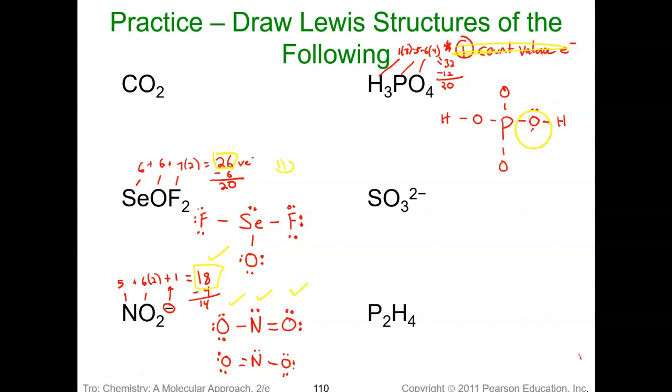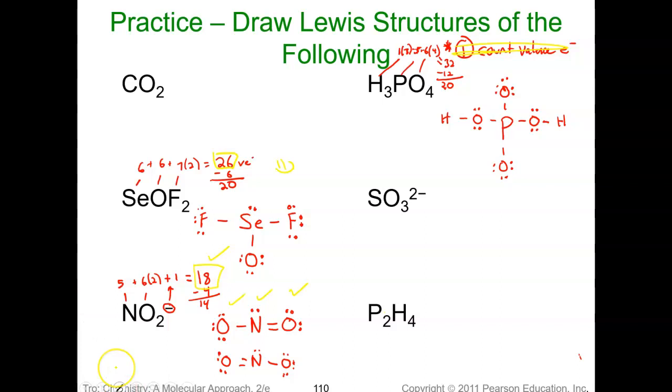So 2, 4, 6, 8, 10, 12, 14, 16, 18, 20. This is a structure for phosphoric acid. And again, we check.